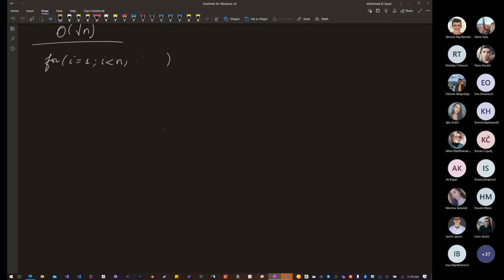If you would like to make it easier to read, i equals i times 2. And then you have a simple statement. And now, can somebody give me a complexity for this?